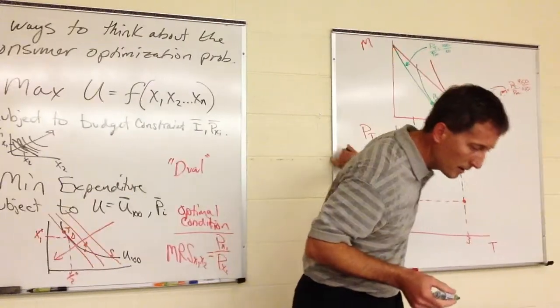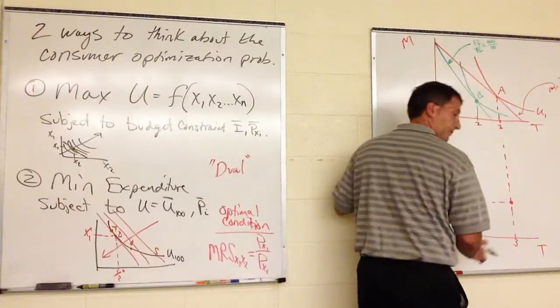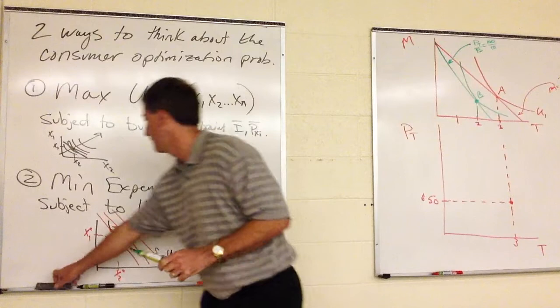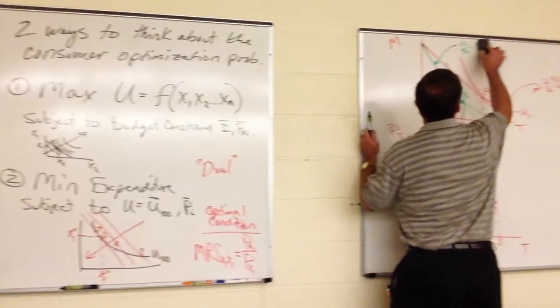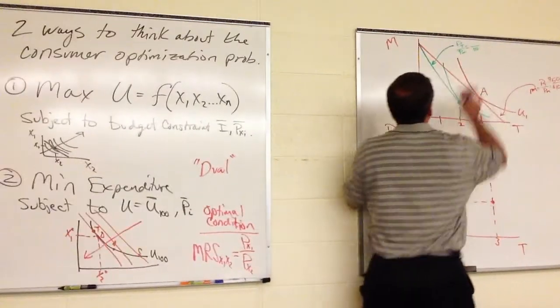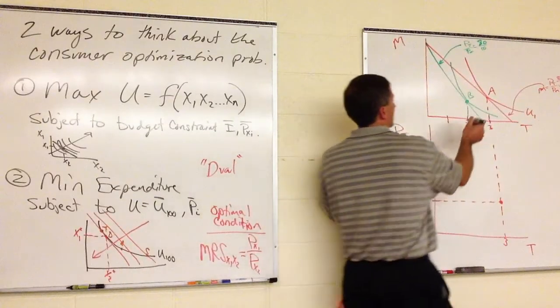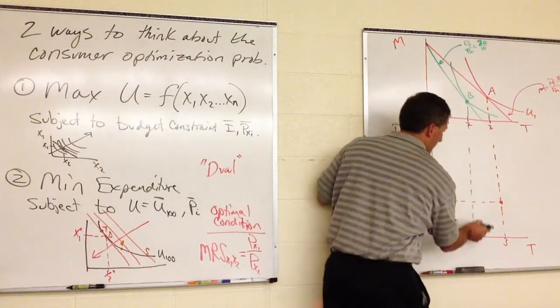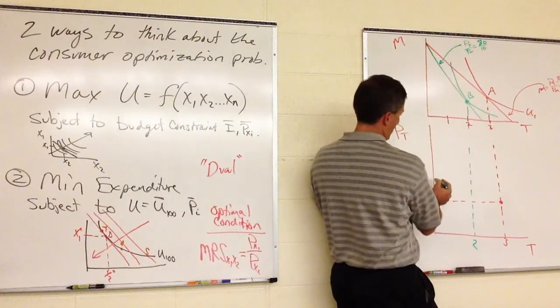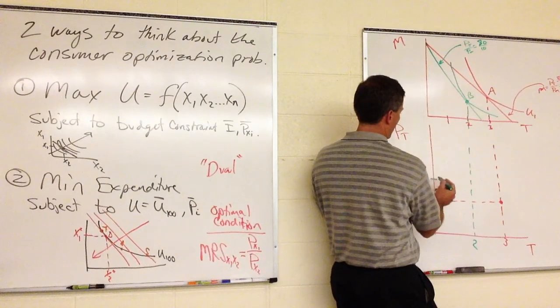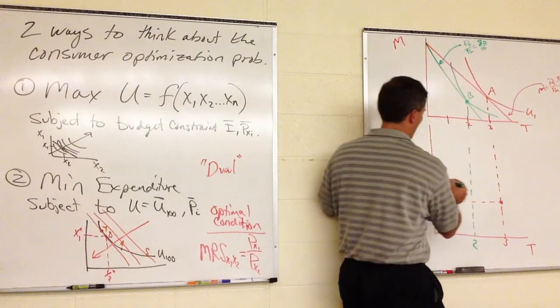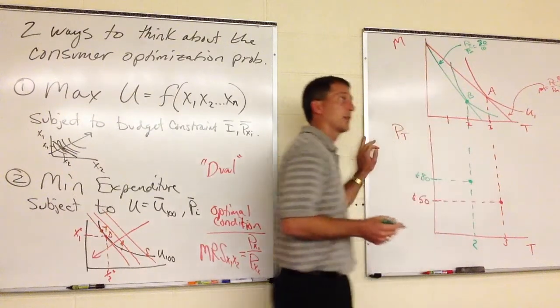Is that one 80? Oh, you're right, it was 80. 100 was the last one. So then we map that down into this space, and if we go up to 80, another point on the demand curve.